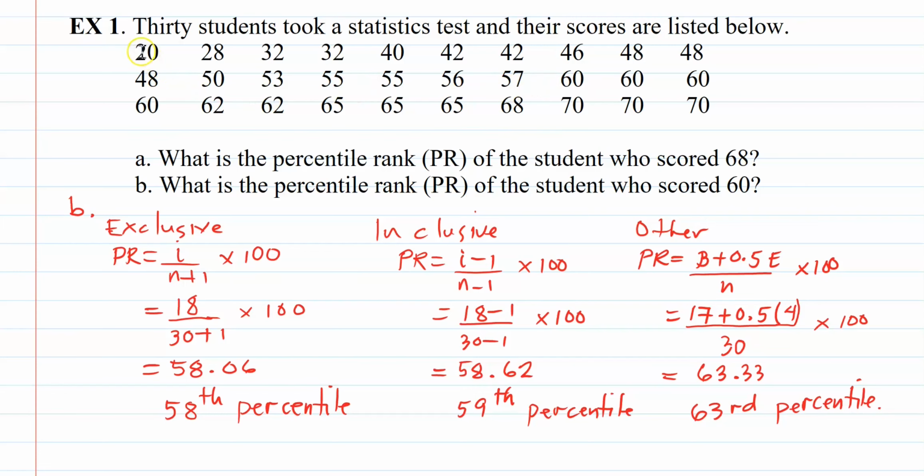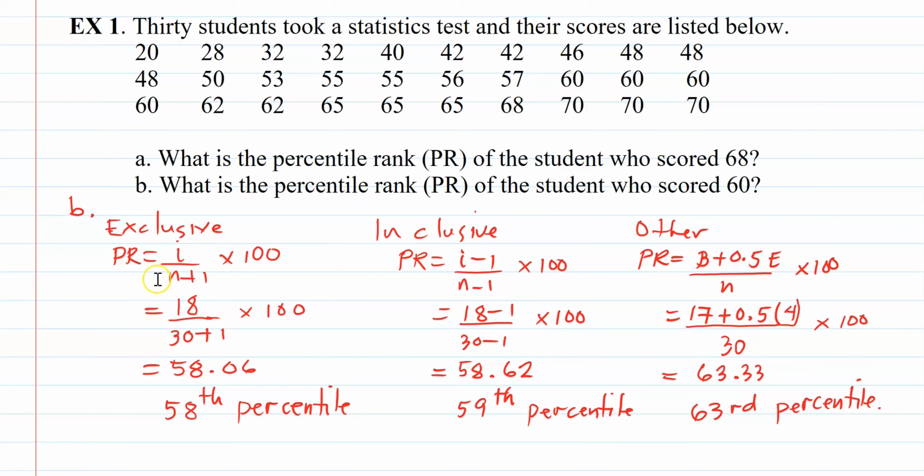In the first row, that's 10, and then 11, 12, 13, 14, 15, 16, 17, 18. So the score 60 first appears on the 18th position. Okay, so I is 18.